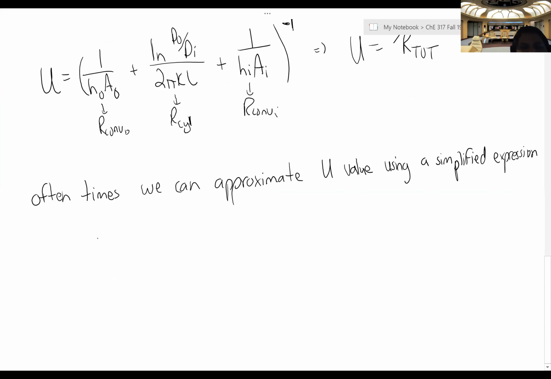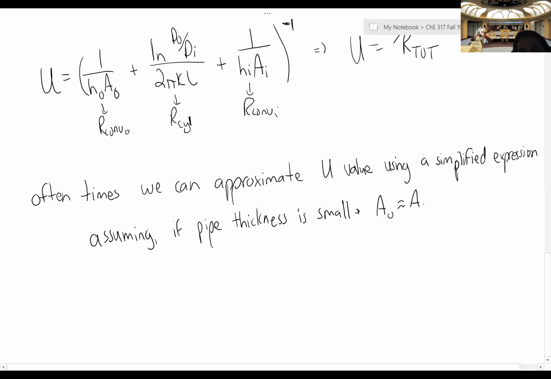And I do this by assuming a couple things. First, if the pipe thickness is small, I typically say A is about the same area as A sub i.